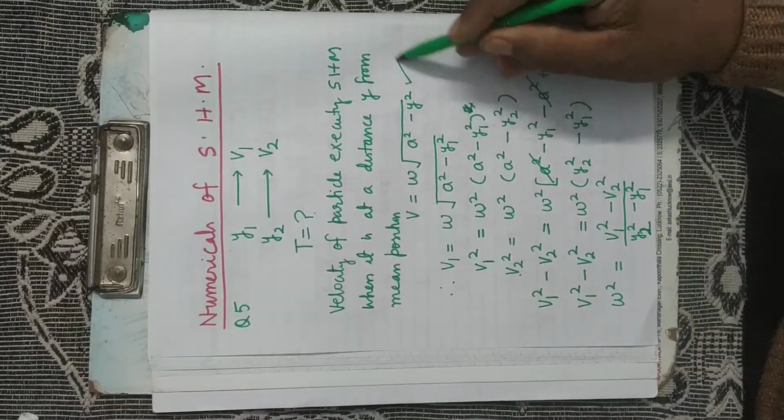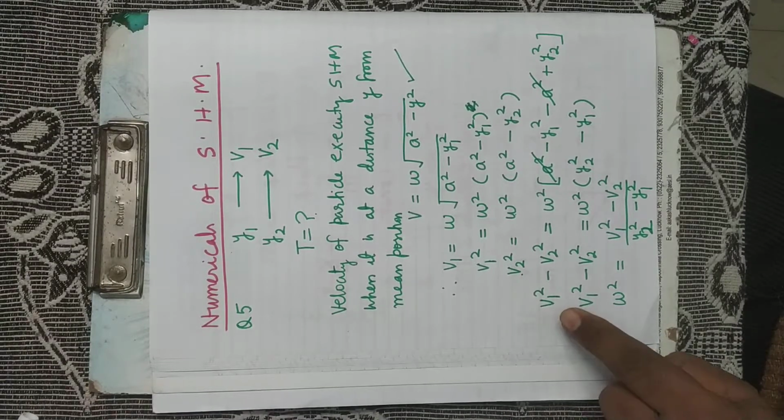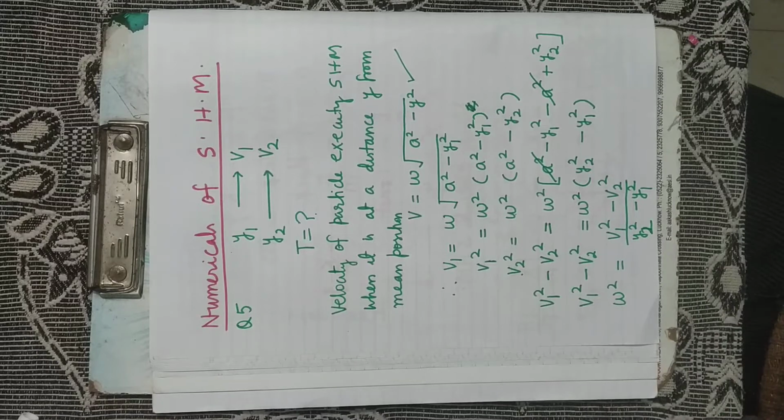v equals omega within square root a square minus y square. So first you find v1, then you find v2, then you write down their squares, v1 square and v2 square. After writing that, you will subtract, you will find out v1 square minus v2 square. So what will be omega square?